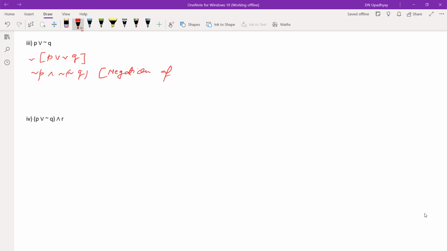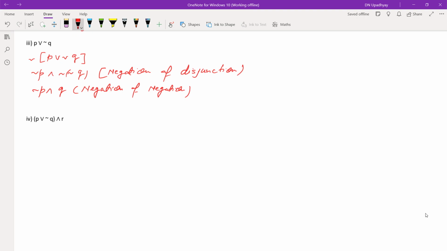This is disjunction and negation of negation. So that will be only Q. So negation P and Q. This is negation of negation, right? This is negation of negation.